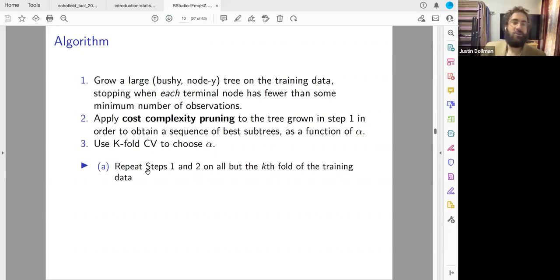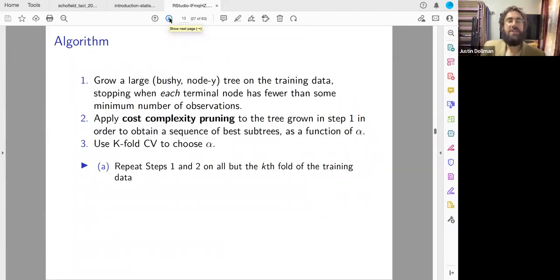Let's say it's 5-fold. So you have 80% of your training data, and you basically do steps 1 and 2 on the 5 different partitions of 80% of your training data. And for each one, you have the left out 20%.